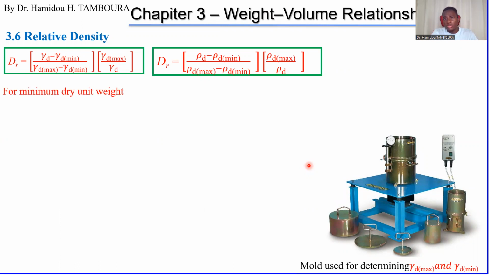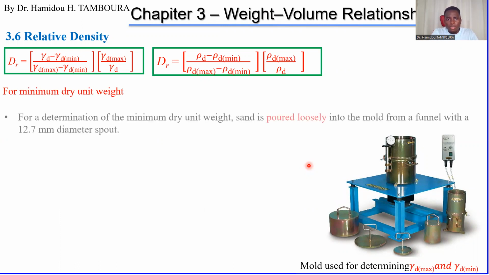For the minimum one, I think it can be obtained by just pouring the sand loosely in the mold, because we want the unit weight to be as small as possible.